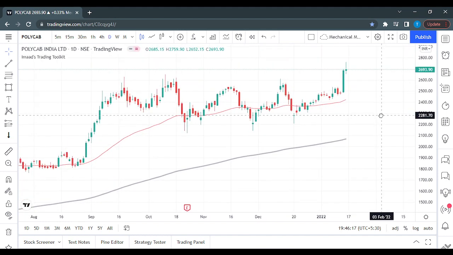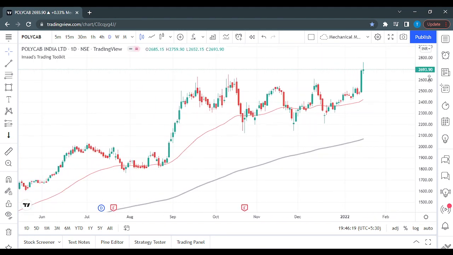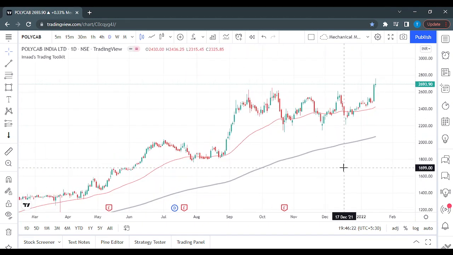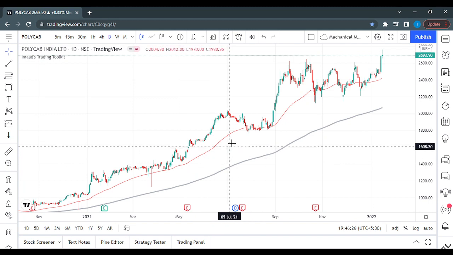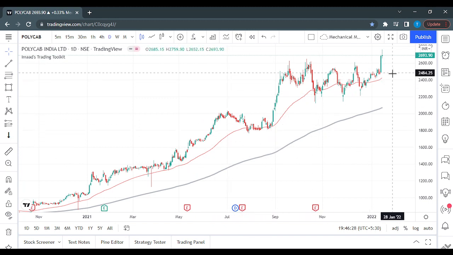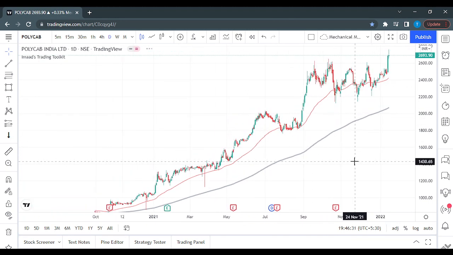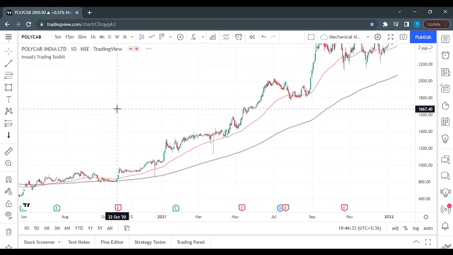Now, we want to know if this stock has been taking a support at any of these lines, and usually you will see that the 50 EMA provides a very strong support area for any instrument, right? Now, the same thing you will see here.